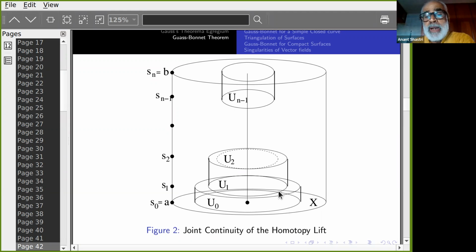Now you can put these two things together. If you take U1, then on U1 cross S0 to S2, the function will be continuous, because you have dropped the extra points of U0, so you have to restrict to U1, because only on U1 cross this one is the second part continuous. So that is the whole idea. Finally, you have to take the smallest one here for which it will be continuous.